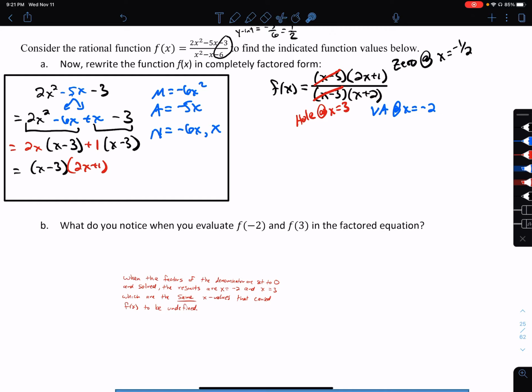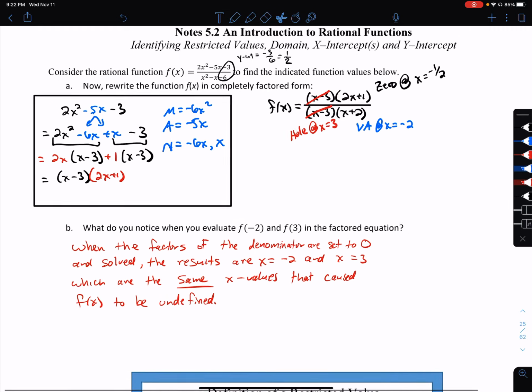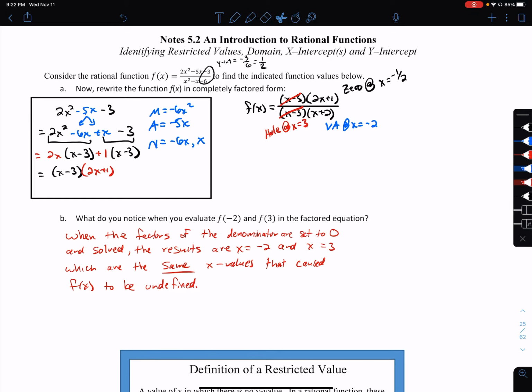It's going to be undefined. If I put a -2 into this, it's going to be 0 on the bottom that we're multiplying by. It's going to also be undefined. Let's write that out formally. When the factors of the denominator are set to 0 and solved, the results are x equals -2 and x equals 3, which are the same x values that cause f of x to be undefined.